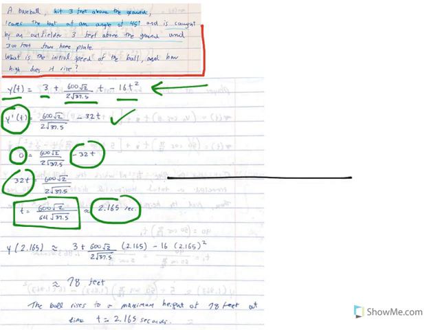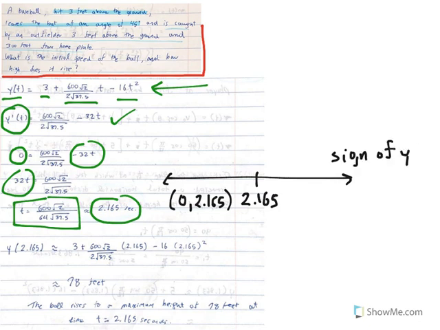And then you can verify that on the interval from 0 to 2.165 seconds, the sign of y prime is in fact positive, which means the heights are increasing. And then you can choose a time slightly after 2.165 and verify that the sign of y prime is negative, which means the heights are decreasing.